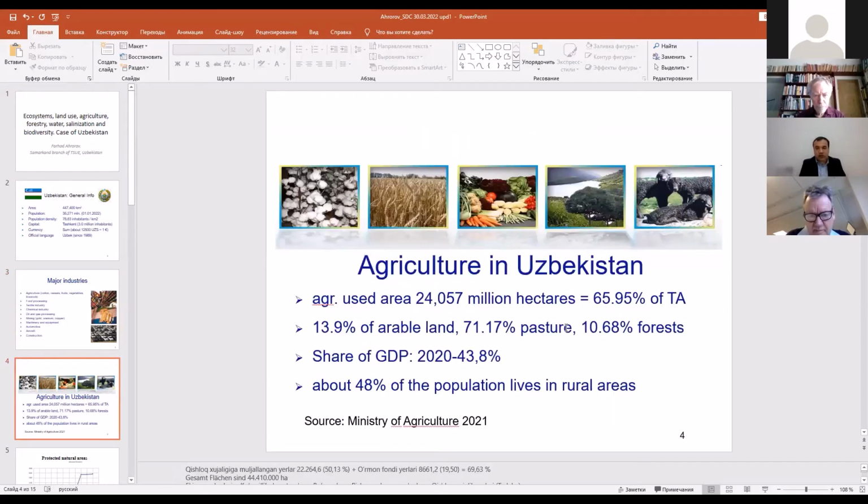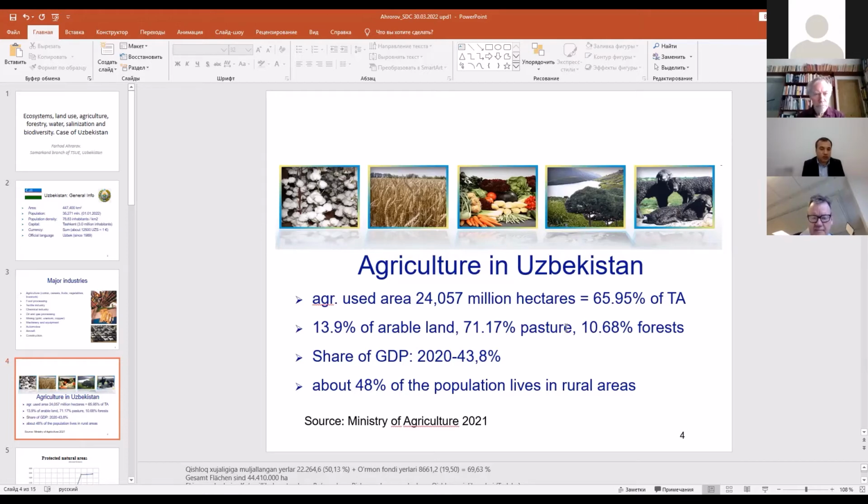So briefly about agriculture. Agriculture used area is about 24 million hectares, which is about 2/3 of total area. Of them, about 14% is arable land, and 71% is pasture. The majority of this pasture is on deserts with low green cover, and about 11% is forests, and again the major part of these forests are desert forests.